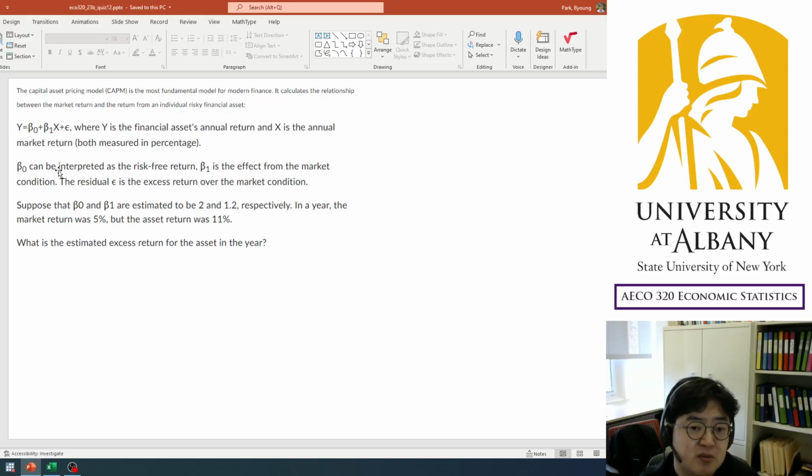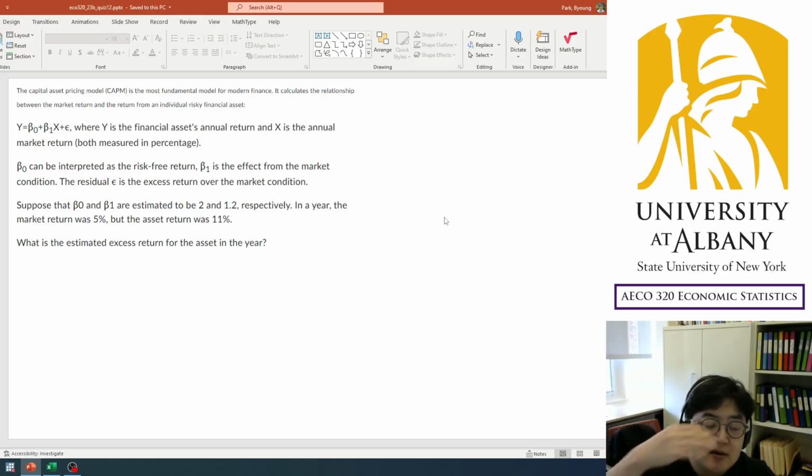Beta 0 can be interpreted as the risk-free return, and beta 1 is the effect from the market condition, right? So given the market situation, we are interested in the performance of a stock or company, right? The residual epsilon is the excess return over the market condition.